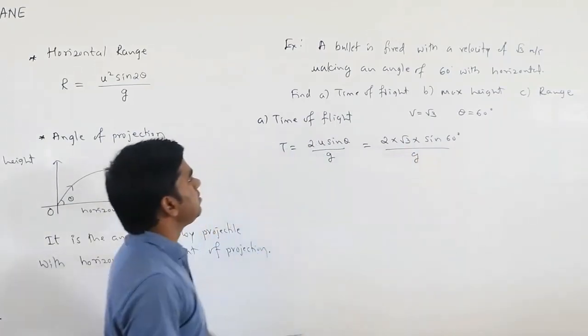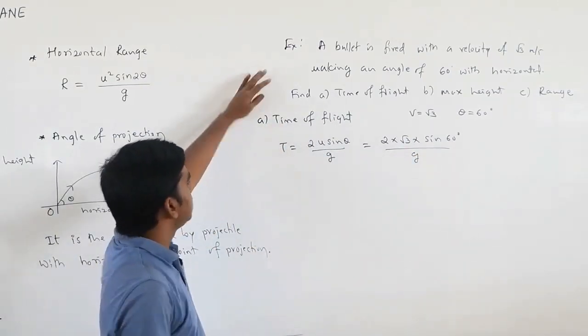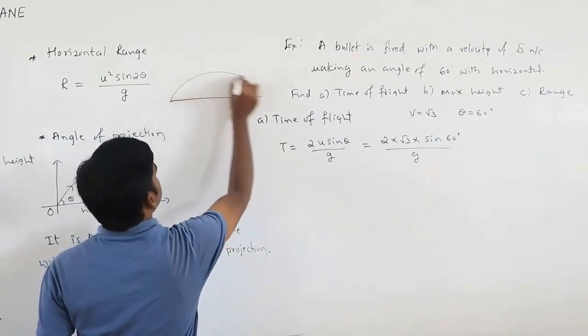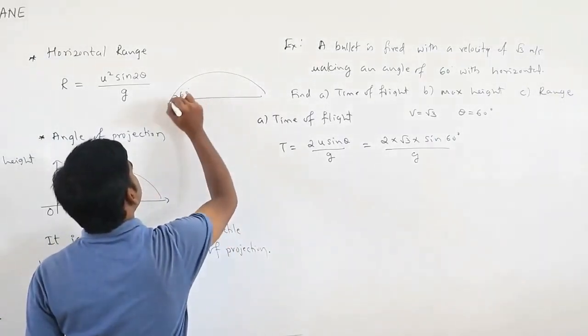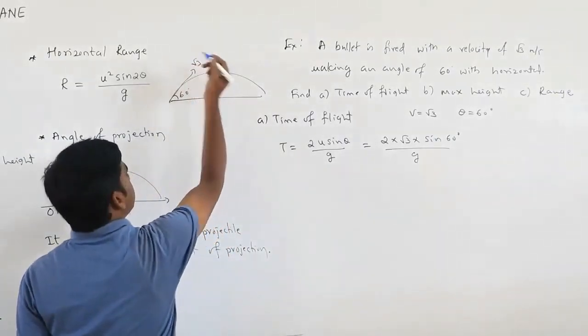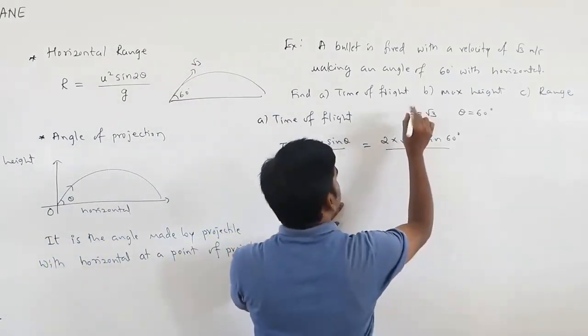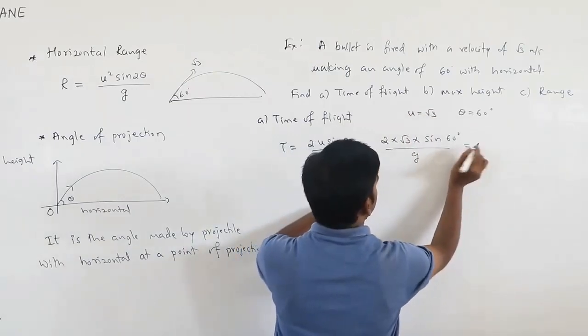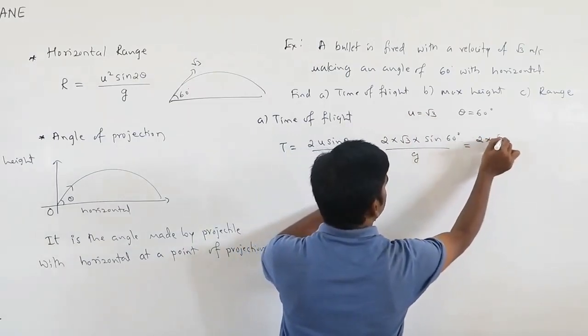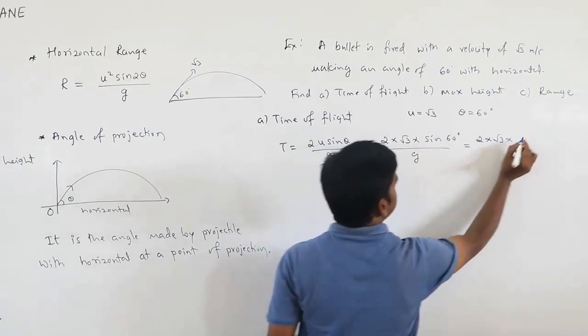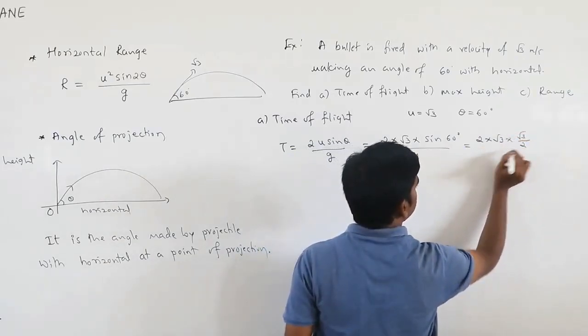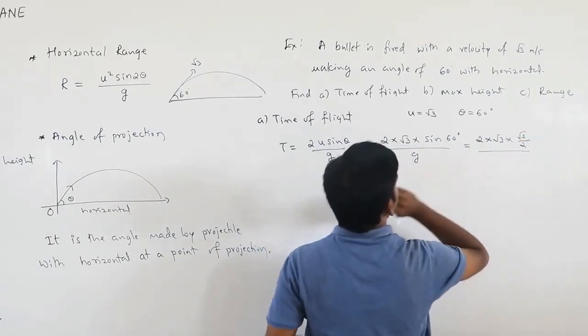A bullet is fired at 60 degree with a velocity of root 3. Simple. So now we can take it as u. So now 2 into root 3. Sine 60 is again root 3 by 2 divided by g.